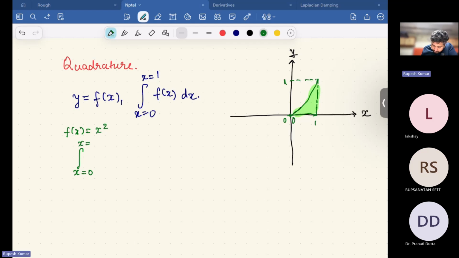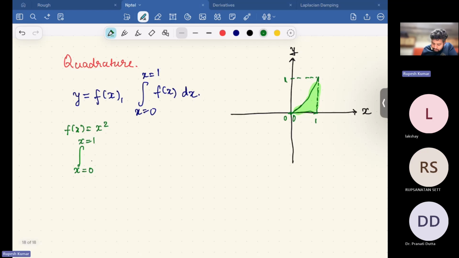We know the integral of x raised to the power n dx is x raised to the power n plus 1, divided by n plus 1, taking the values from the limits x equals 0 to x equals 1.